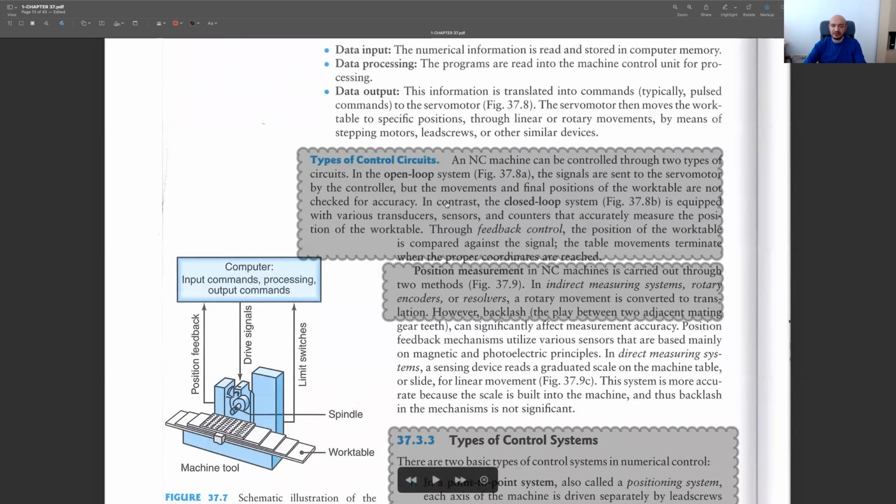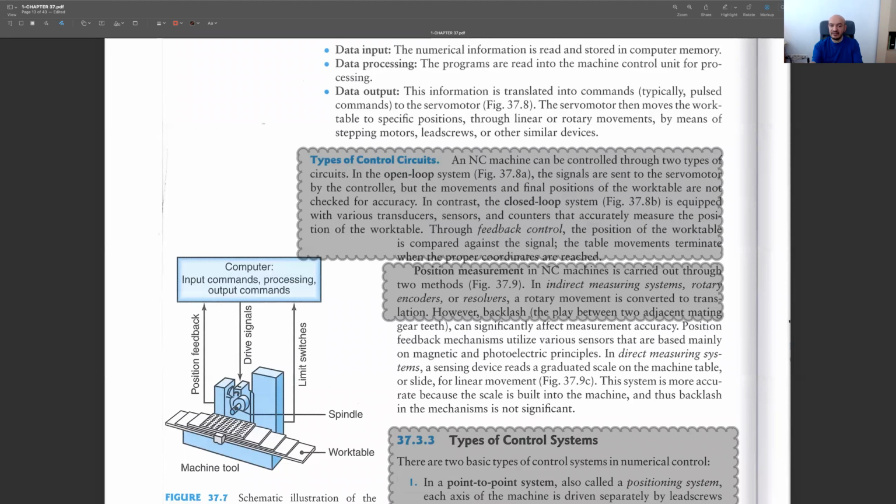But in the closed loop control systems, we have sensors, and we check whether our axis is at the right position or not. So this is much more useful. With the help of sensors, different types of sensors, we make sure that our axis is at 10 millimeters.